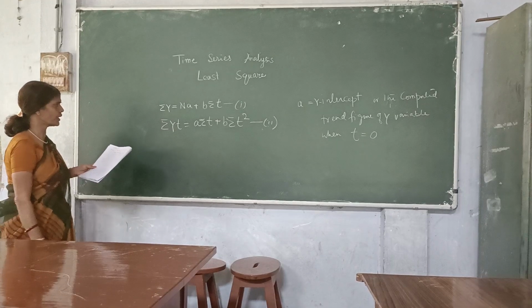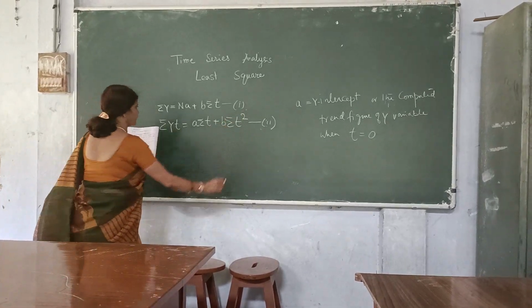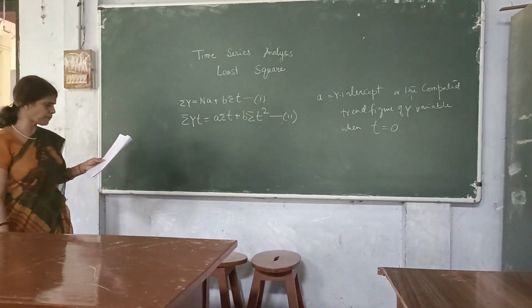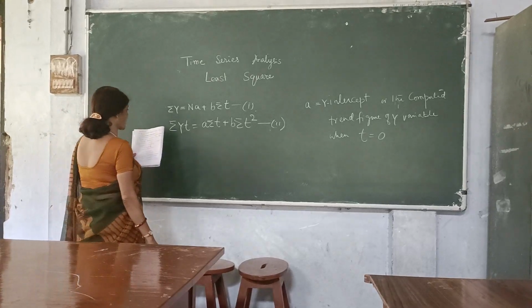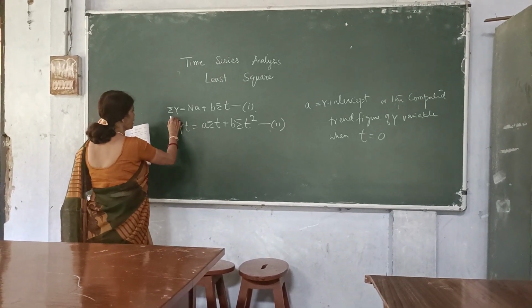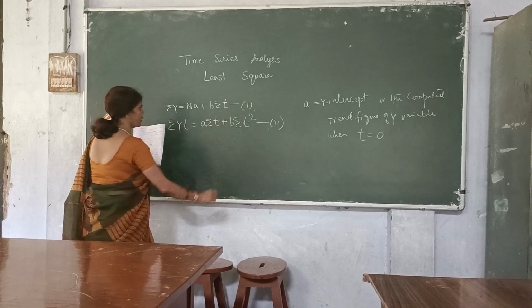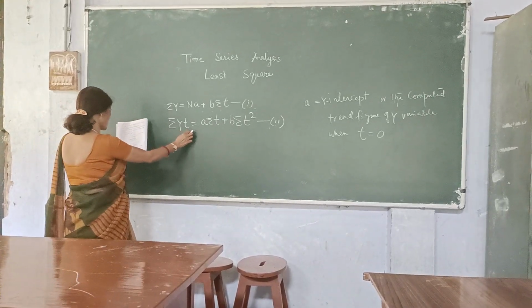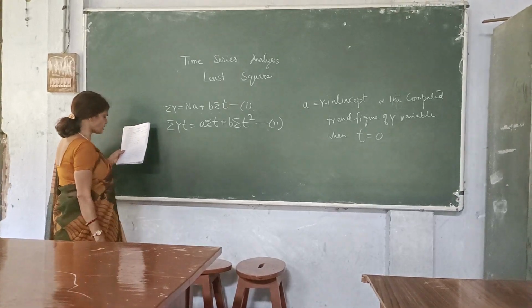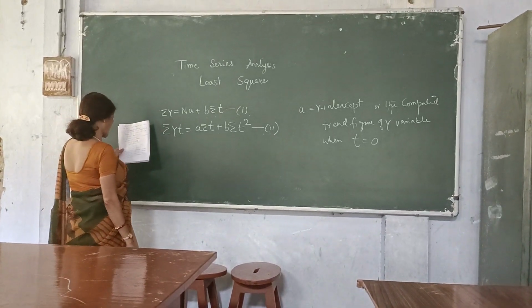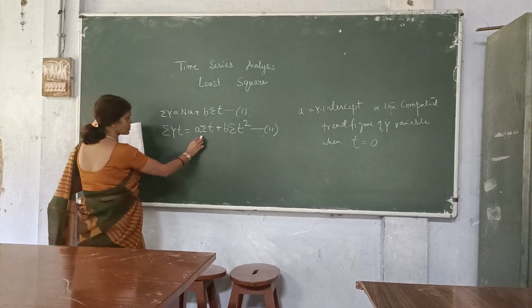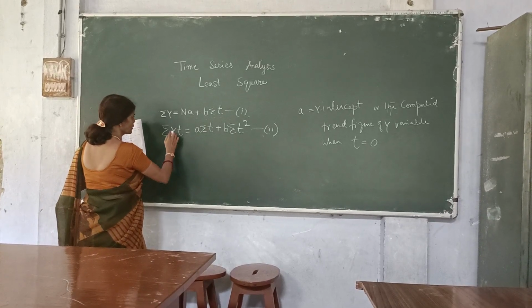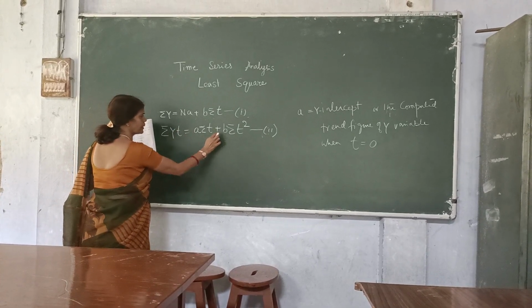Here the first equation, equation number 1, is simply the summation of the given function. The second equation is the summation of t multiplied by the given function. Here in this second equation, the equation is multiplied by t.